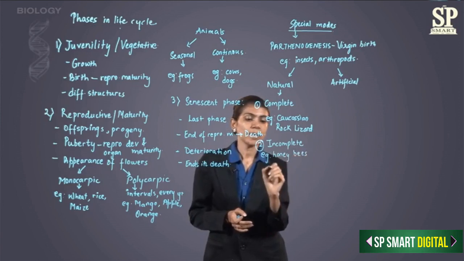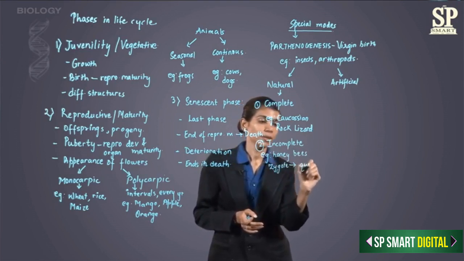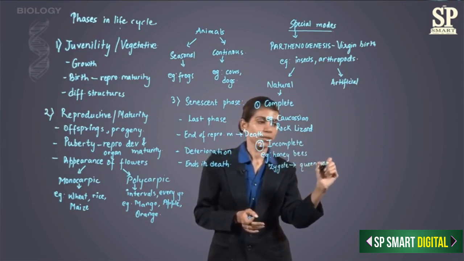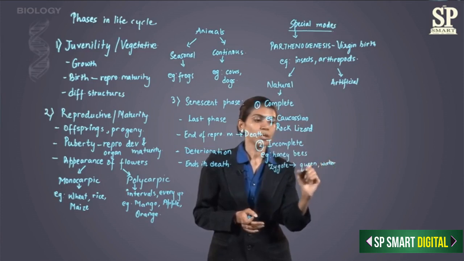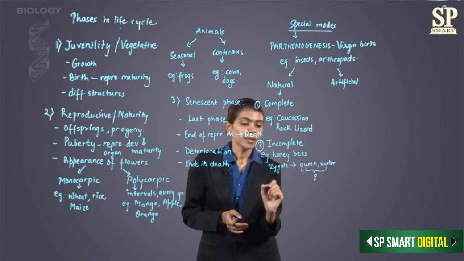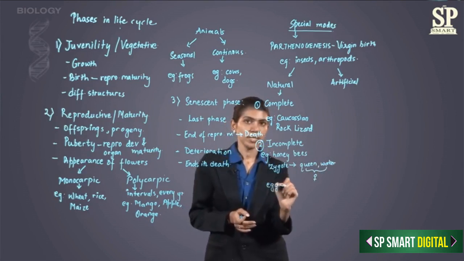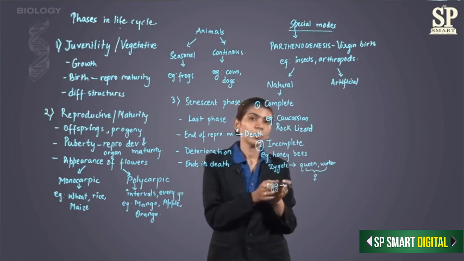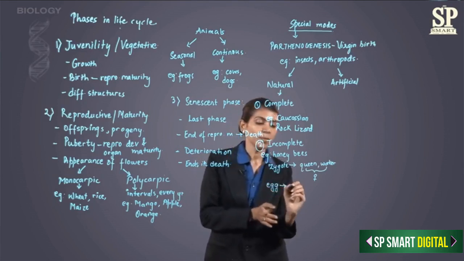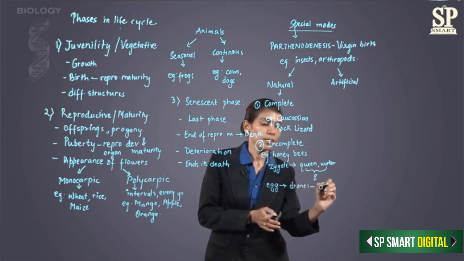In honeybees, the zygote which is formed as a result of sexual reproduction will develop into the queen honeybee and the workers. Now, the queen and the workers both are female bees, and the egg which without fertilization, that is the egg which by parthenogenesis develops into drones, and these drones are males.